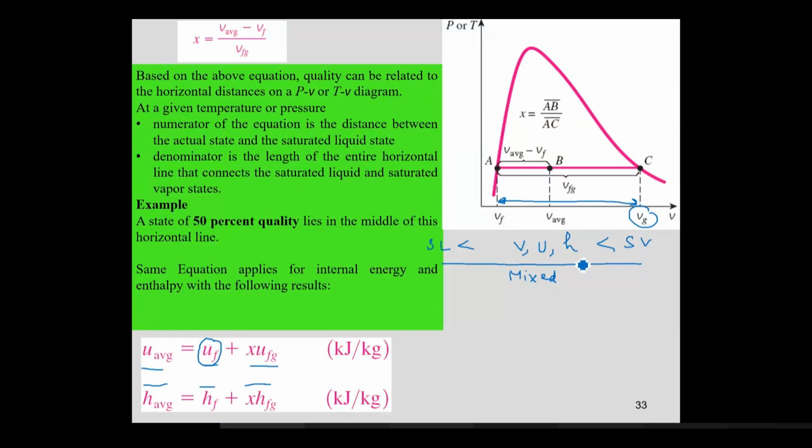Very good. And if my specific volume is less than Vf, I am in which region? So liquid phase. Very good. I am in the compressed liquid region. And if it is greater than Vg, I am in the superheated vapor region. Right. Clear? Yes, sir.